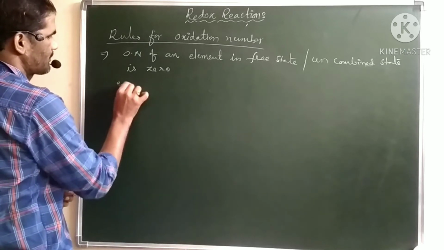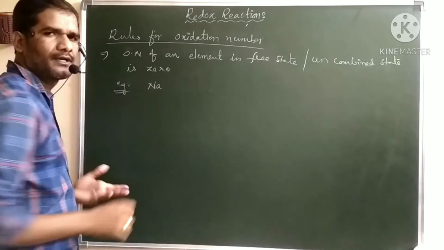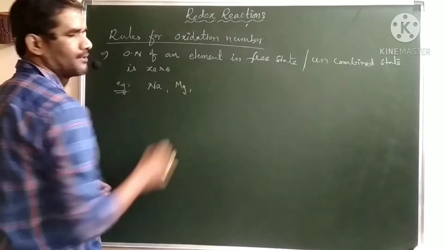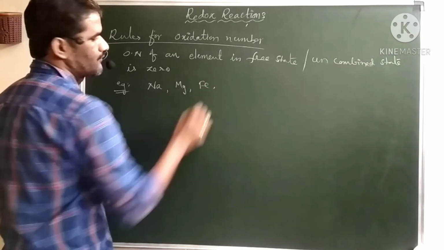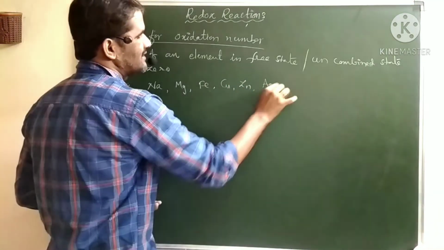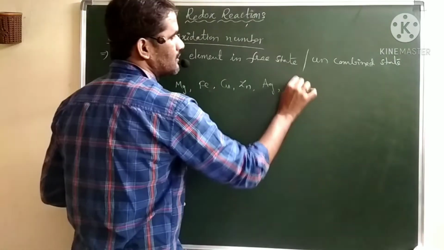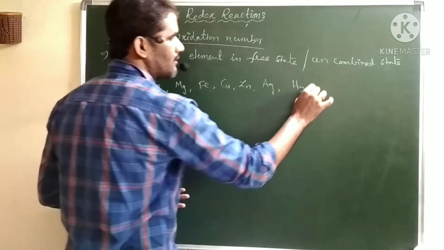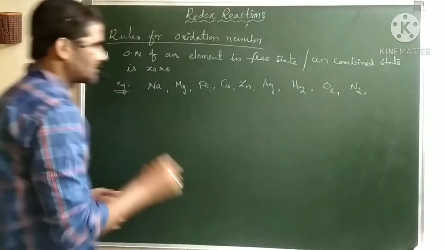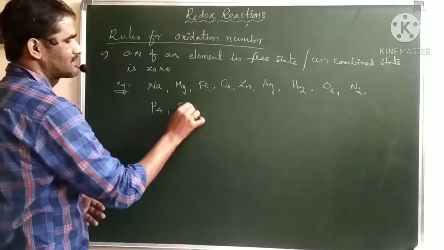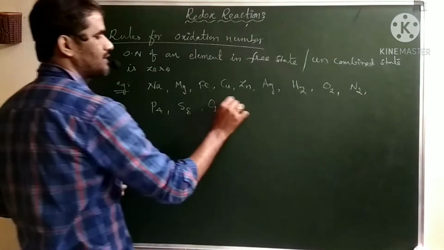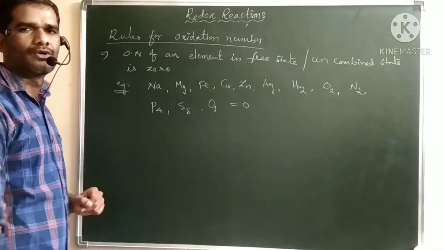Sodium in the free or uncombined state has oxidation number 0. Or magnesium, or metals like free iron, free copper, free zinc, free silver. Also molecules like hydrogen, oxygen, nitrogen, phosphorus in the free form, S8, or ozone. In all these cases the oxidation number or oxidation state is 0.